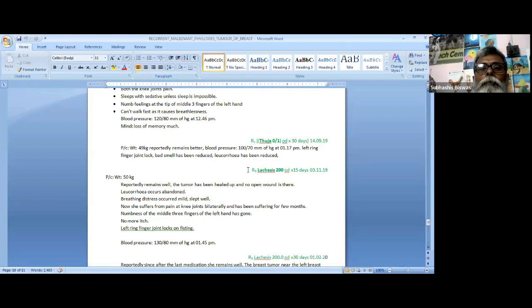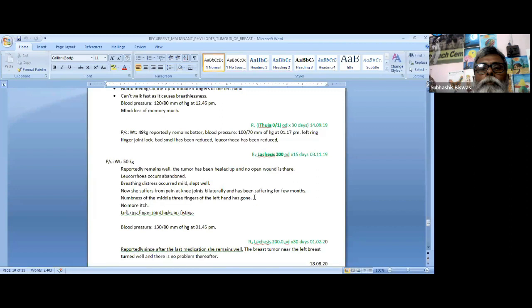Really, even with her disease, she was smiling, she was talking, and she was making pranks, everything. And I have watched the real picture of Lachesis. She talked like anything, not only about her diseased conditions, ignoring her diseased conditions, she was talking lots of other things, and she was saying that she will bring her relatives to you, doctor, such and such. Lots of talk. I have given Lachesis 200.